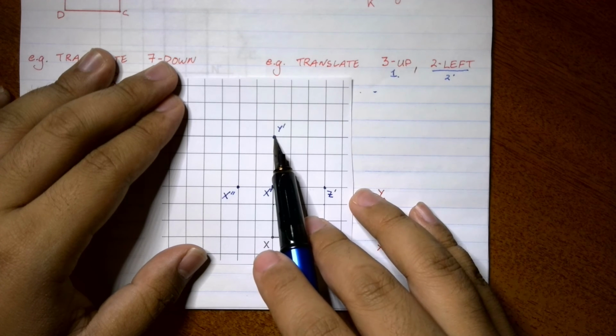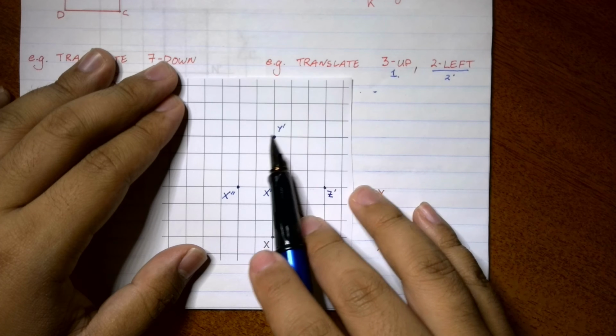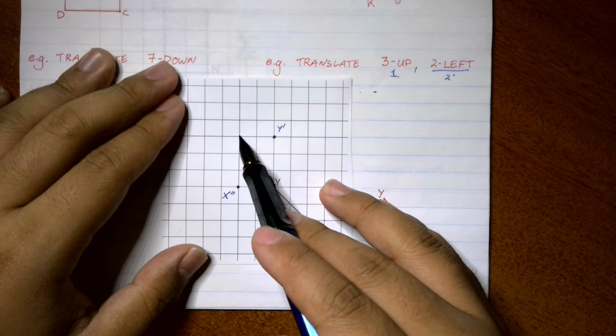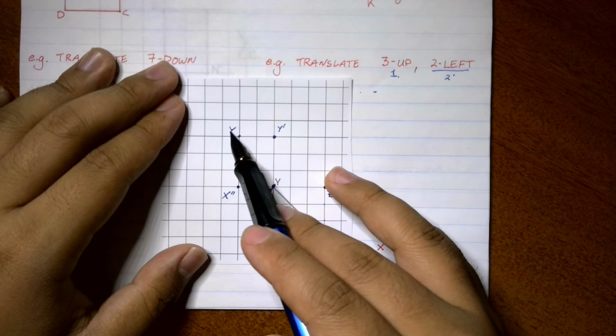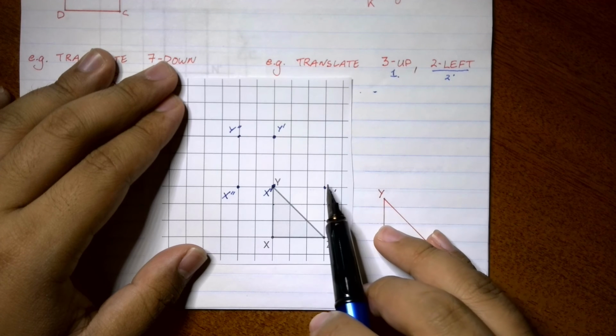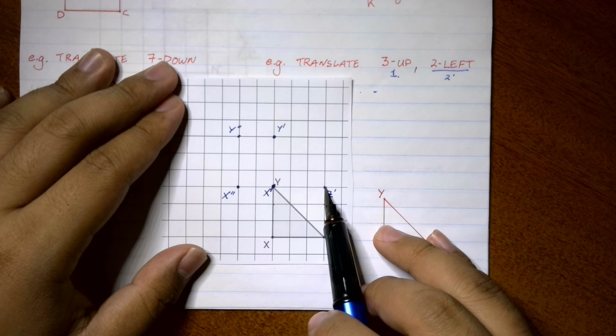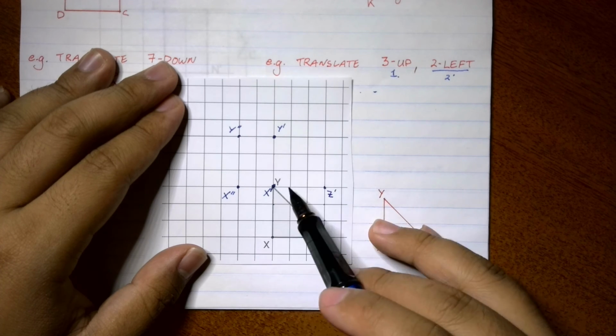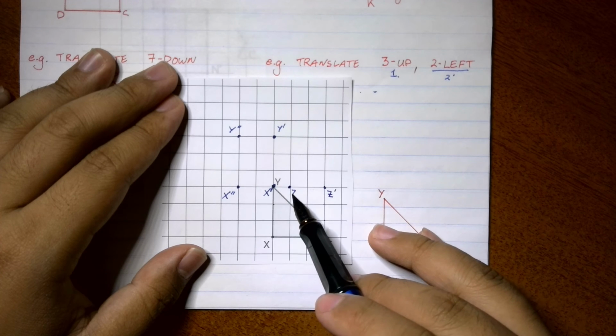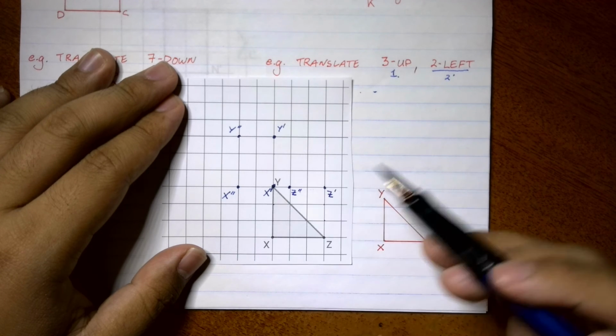Let's move Y 2 to the left now. 1, 2. Y double dash, and Z 2 to the left. 1, 2. Z double dash.